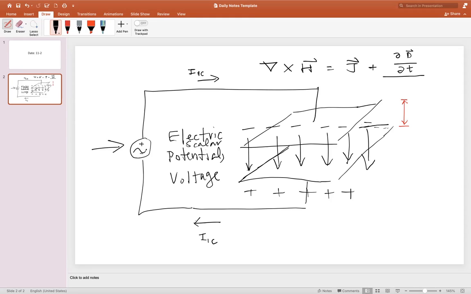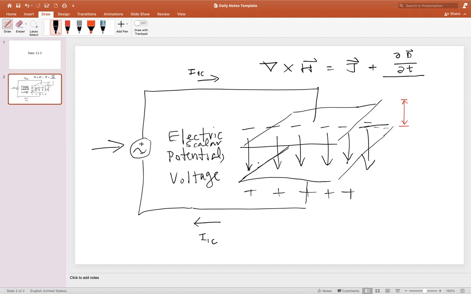So if we have a time varying source, it's going to set up an electric field across these two parallel plates. As time changes, the amount of minus charges or positive charges congregating on each plate is not going to just immediately ramp up. It takes a moment for this plate to charge up.